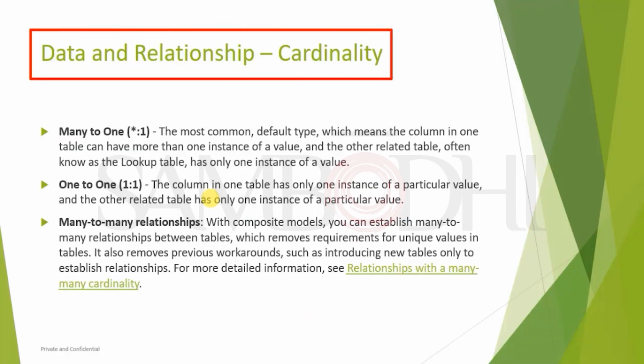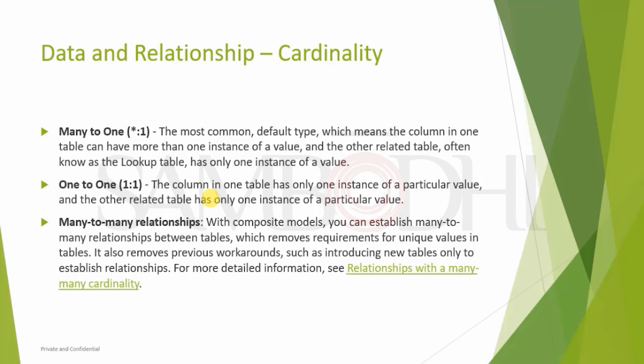Data and relationship. This is known as cardinality. When you see star 1, star and star together, what happens? The most common default type, which means a column in one table can have more than one instance of a value, and the other related table, often known as the lookup table, has only one instance of a value.